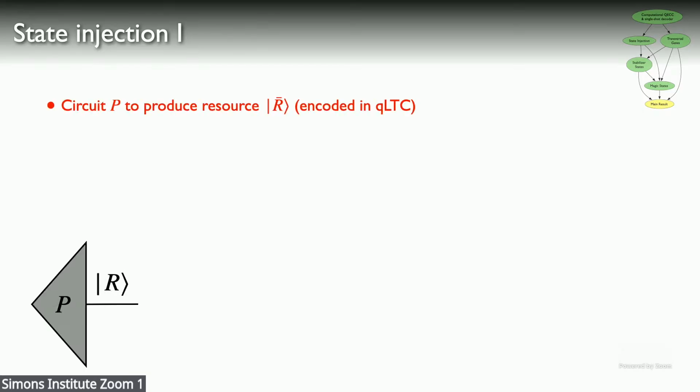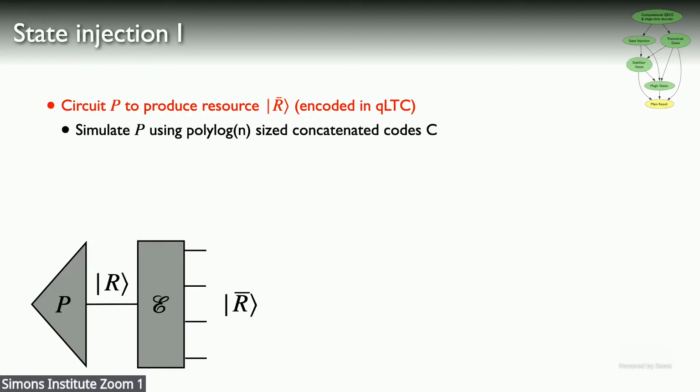Given any resource state, like CCZ or something, I can write down a quite small circuit to prepare it. I take the circuit that prepares the unencoded version of the state, and I just run the encoding circuit of my quantum code. This isn't fault tolerant, but I can do it.